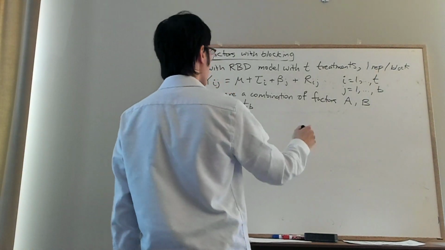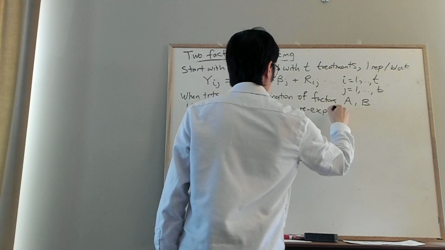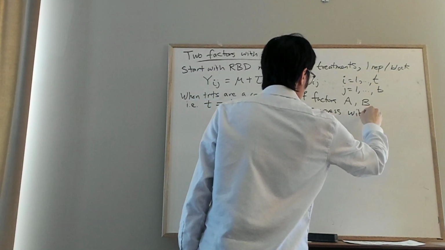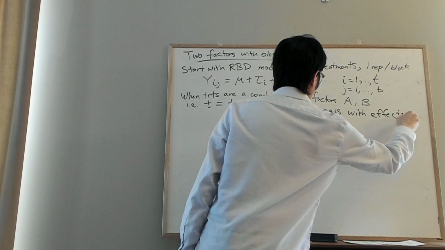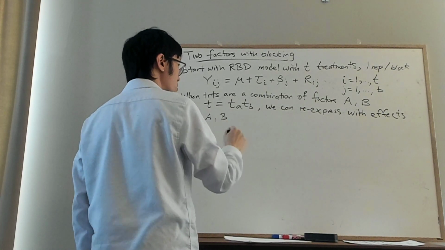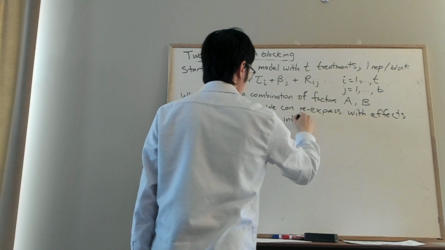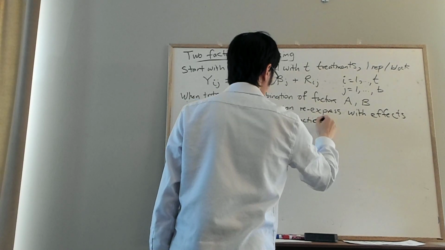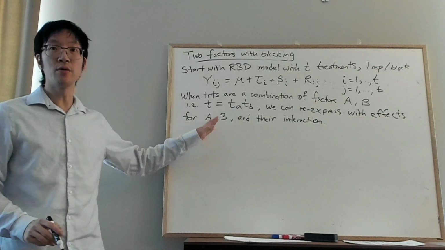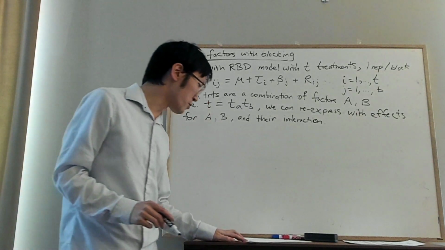Okay, we can express the model with effects for the factors A, B, and their interaction. Okay, so it's really taking what we learned in our last lecture and applying it in the same way to the randomized block design model.